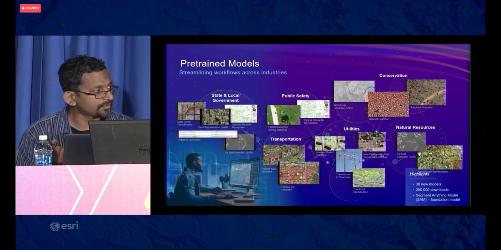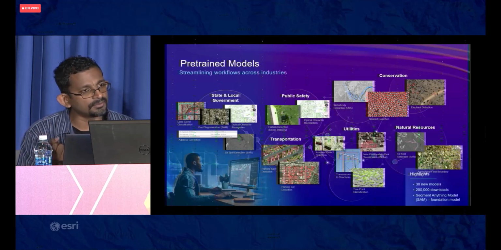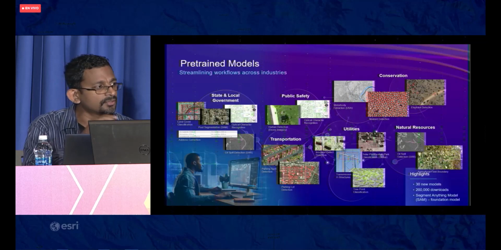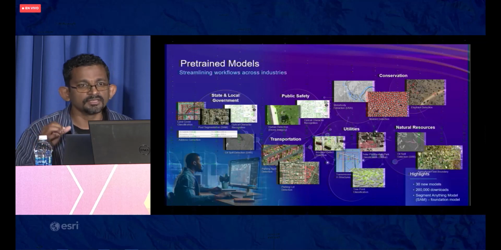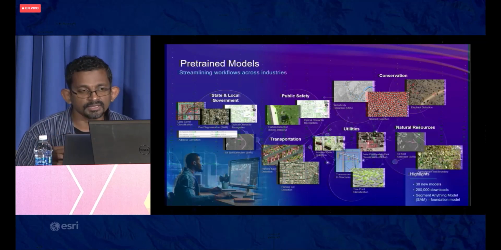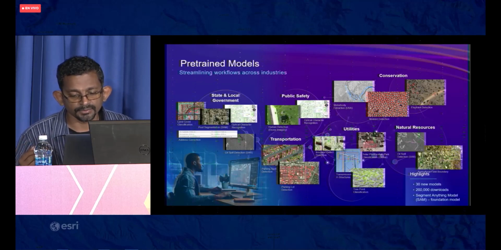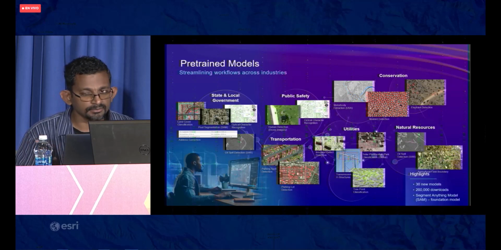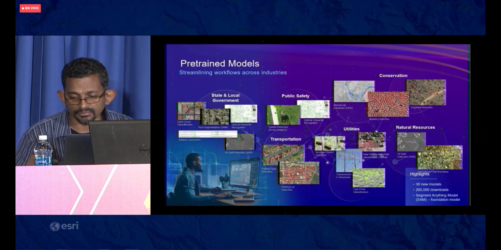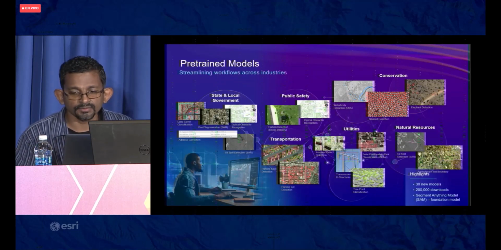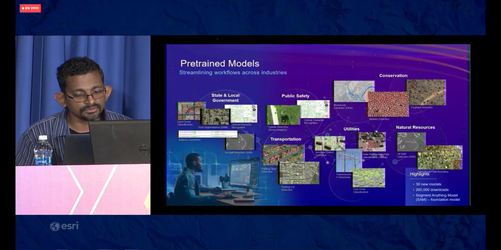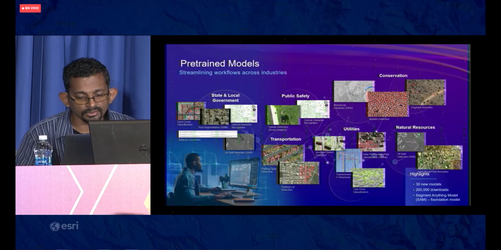Out of the box, we provide you with more than 60 different pre-trained models. These models are designed to perform specific tasks in specific geographies using different types of data, different types of imagery. It also works with, obviously, video, text, and so on. And we've designed these for different sectors: conservation, natural resources, utilities, public safety, state and local, and so forth.